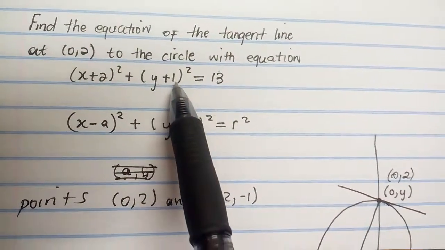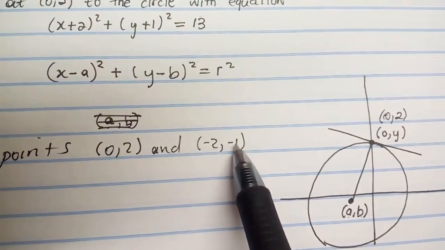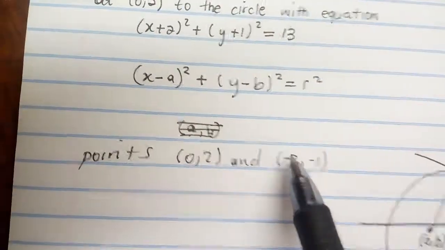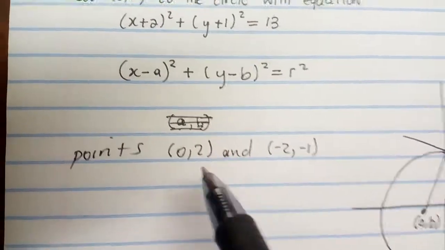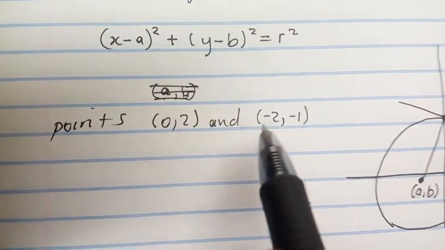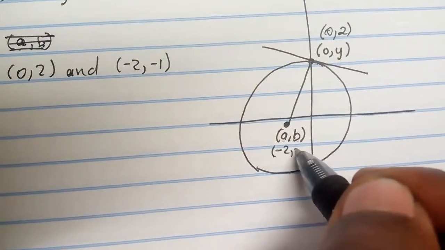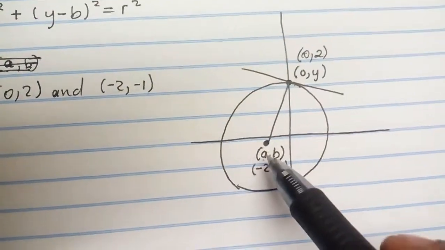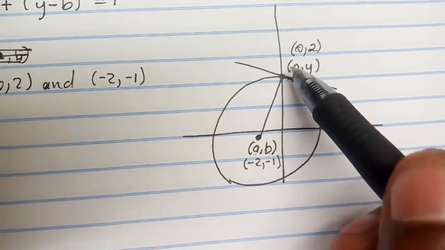You take y + 1, you equate it to 0, you then solve for y, then you'll find -1. So that's how you solve for the center coordinates of any circle. So then as soon as you do that, you'll realize that you now have (-2, -1).